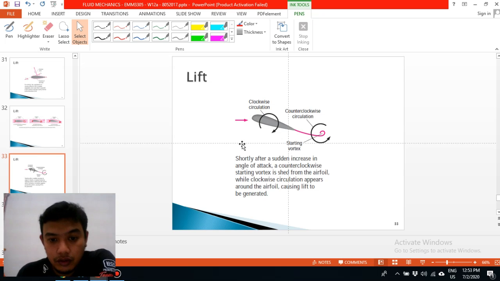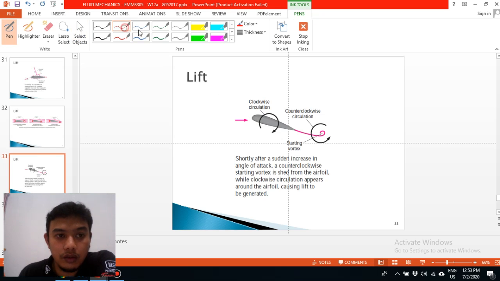Okay, so this figure shows the wing shortly after a sudden increase of angle of attack. A counterclockwise starting vortex is shed from the airfoil, while clockwise circulation appears around the airfoil, causing lift to be generated.